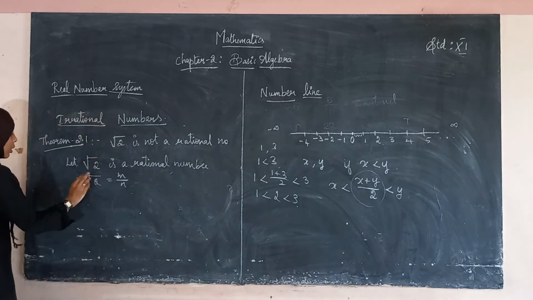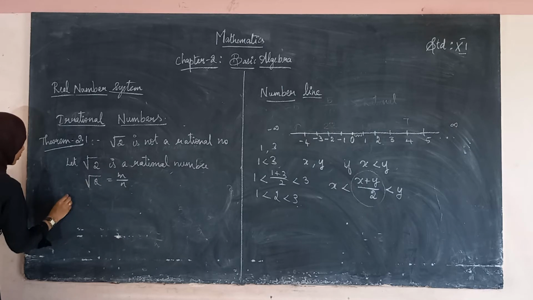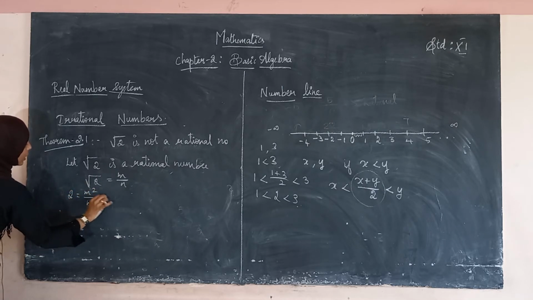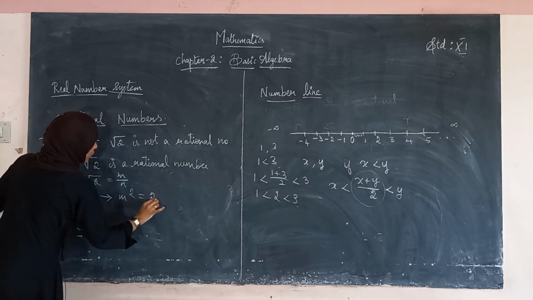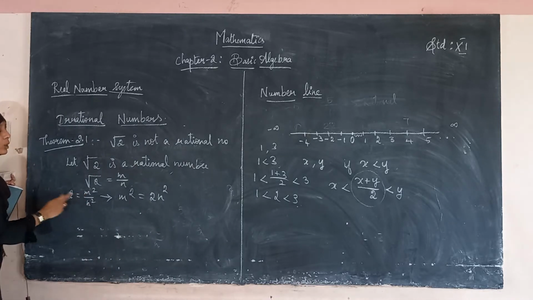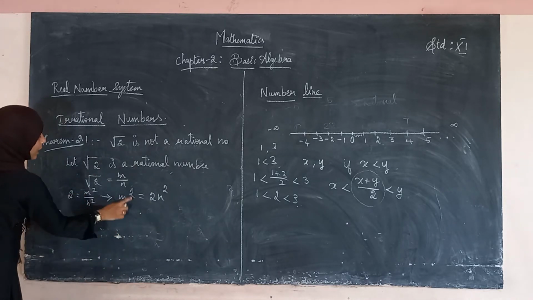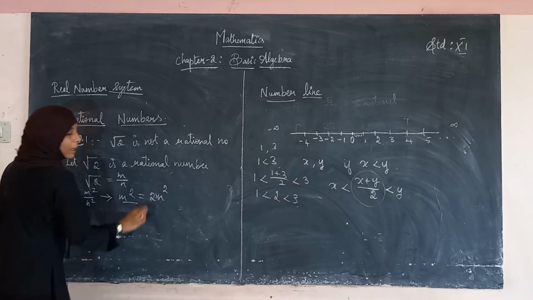Now squaring on both sides, because we have a square root here, what happens? 2 will be equal to m square divided by n square, which gives m square equal to 2 into n square. See here, m square is the multiplication of 2 into some element.